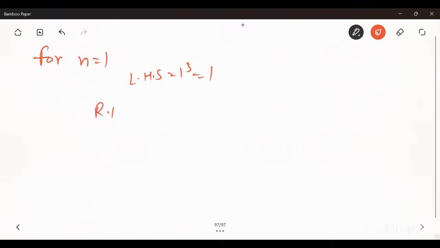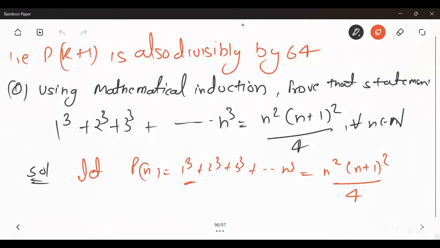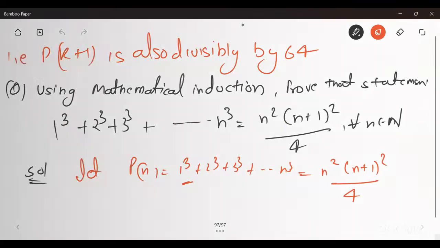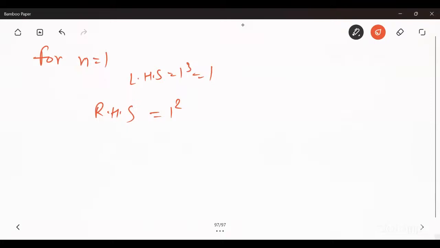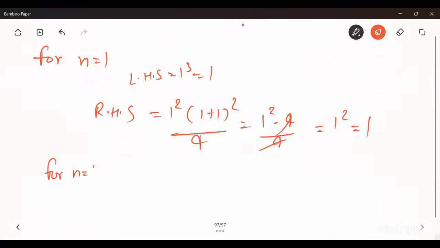And RHS will be, you have to put in place of n as 1. So 1 square into 1 plus 1 whole square by 4. So 1 square into 2 square is 4 upon 4. So you will get answer as 1. So for n equal to 1, Pn is true.